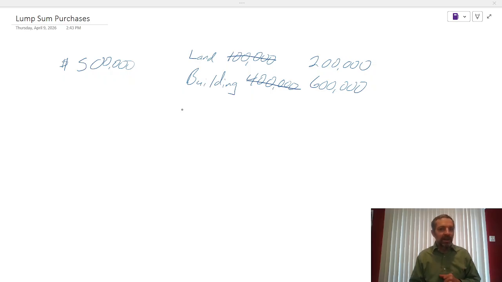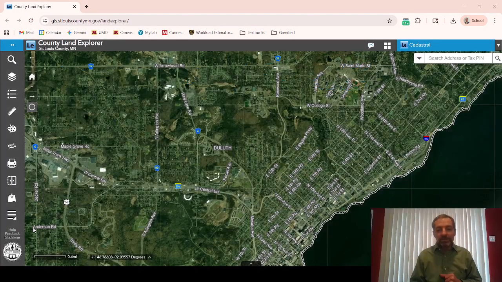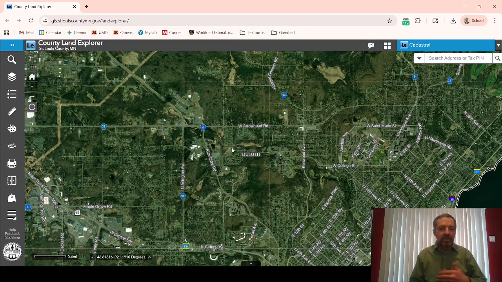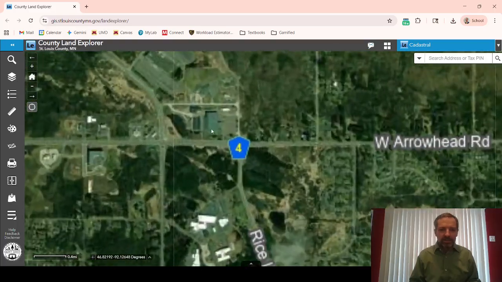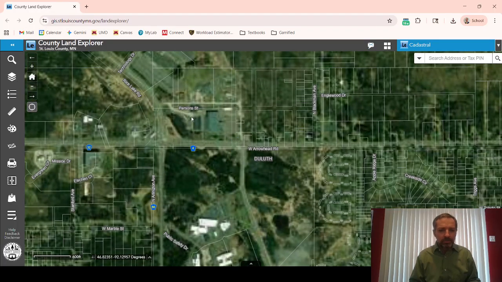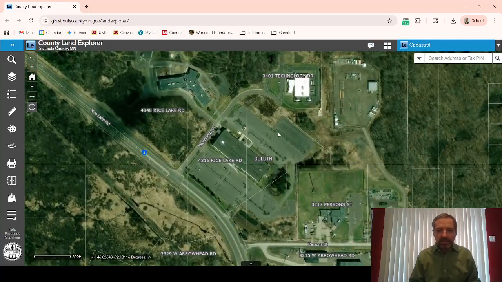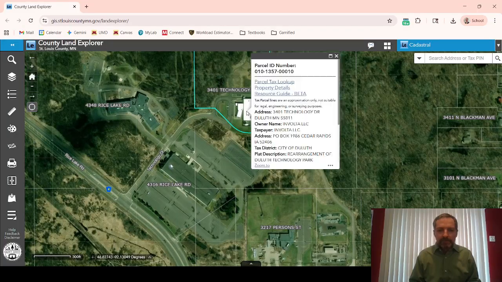Again, this might not actually add up to what we spent, but we can use this information to guess at how much the land is worth and how much the building is worth. So let's just get a random building here. There we go. And let's look at the property details.